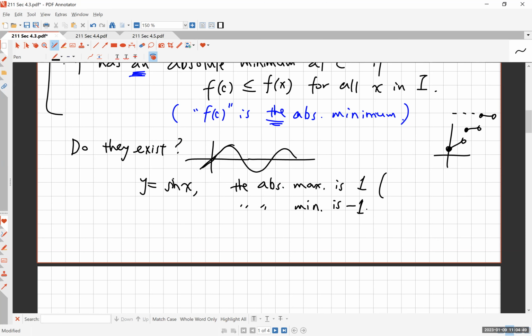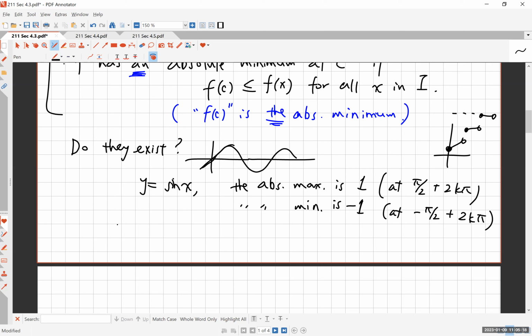And if somebody asks you, where does f have the absolute maximum, you can say at pi over 2 plus or minus 2k pi, or plus 2k pi. K can be negative. If somebody says where does the absolute minimum occur, you can say at negative pi over 2 plus 2k pi. So that's how you can describe that.